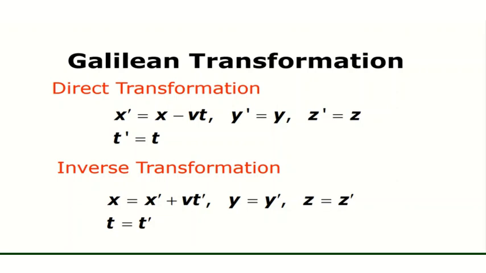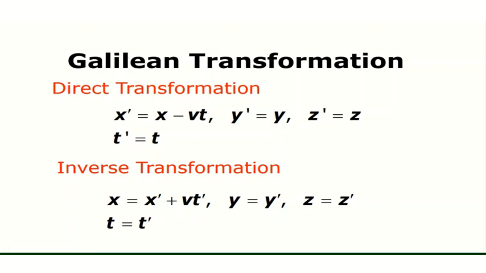Then there is a set of transformation equations: x is equal to x dash plus vt, y is equal to y dash, z is equal to z dash, t is equal to t dash. The direct transformation equations can have the inverse transformation, and this set is known as the inverse Galilean transformation equations, as seen here.